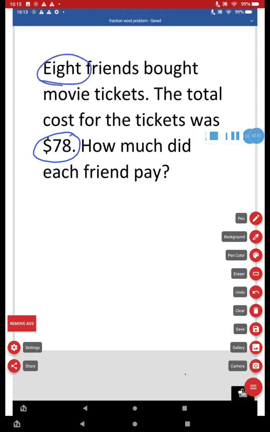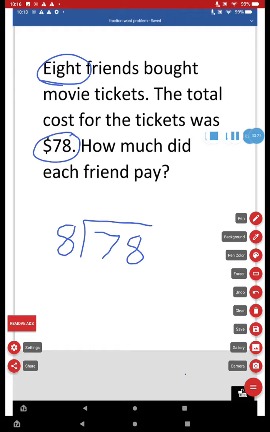All right, now let's set up our division bar. 8 friends are dividing the cost. The cost is $78. That makes 78 my dividend. And that makes 8 my divisor. All right, now what we're going to do is I'm just going to divide it out.